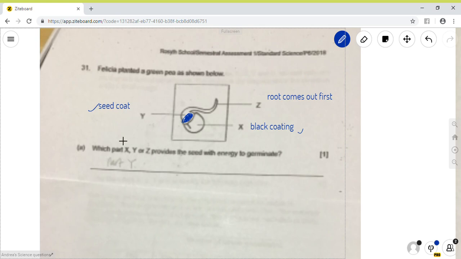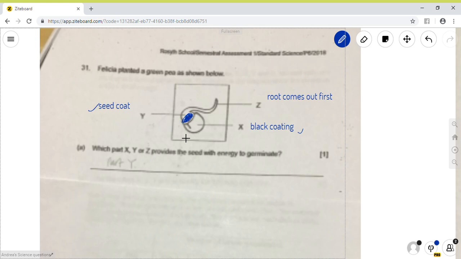So don't worry. Some of these questions are very ambiguous. You don't exactly know what they're talking about, so you have to give it your best guess. In the P6 syllabus, you don't really study how exactly the seed looks.